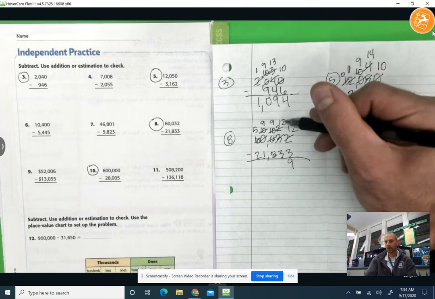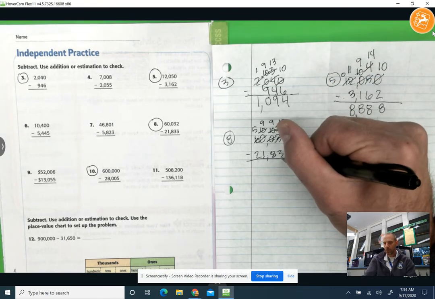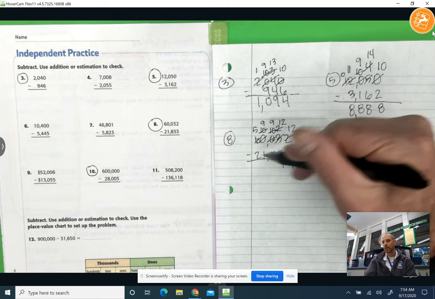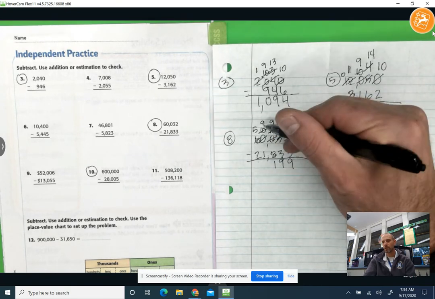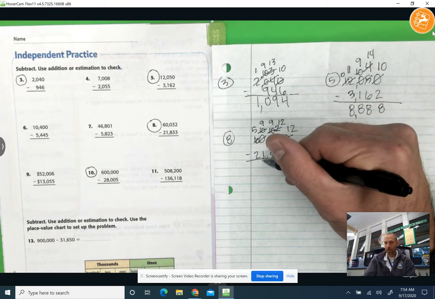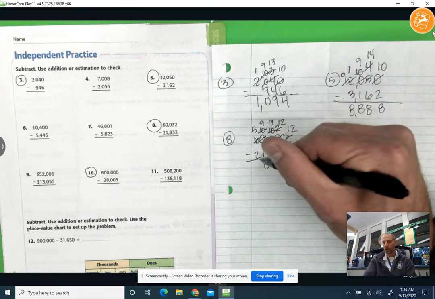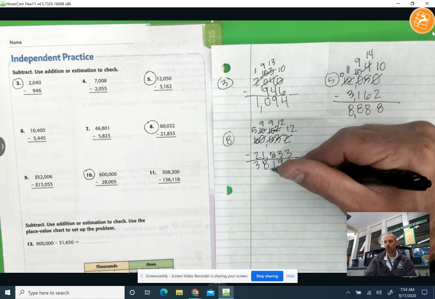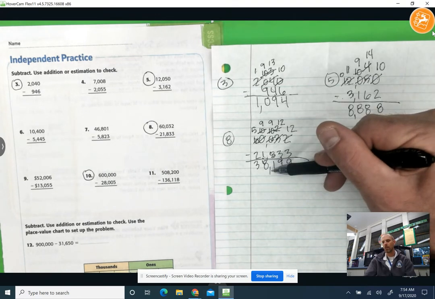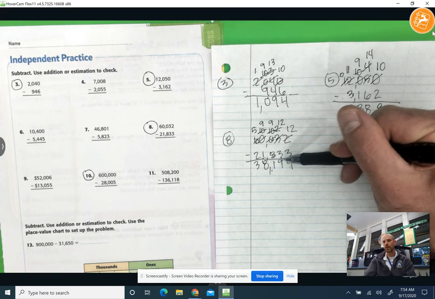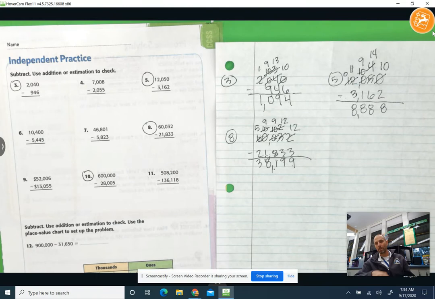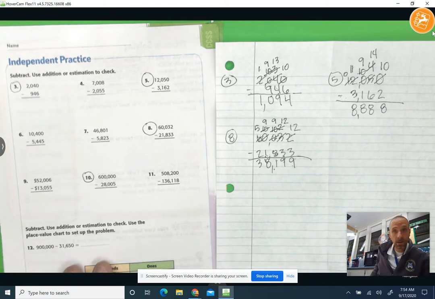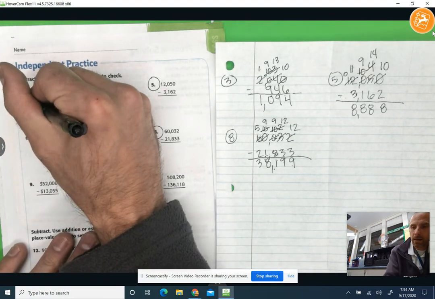Stay organized. 12 minus 3 is 9. 9 minus 8, I can do that. It's 1. 9 minus 1 is 8. And 5 minus 2 is 3. Ones, tens, hundreds, comma. 38,199. Alrighty.